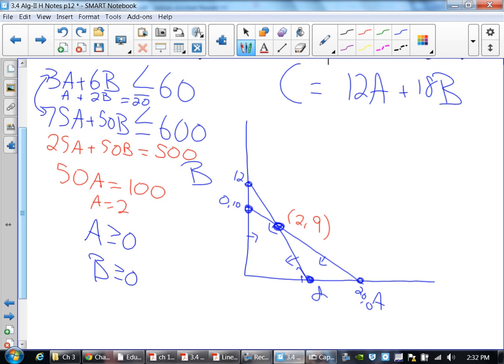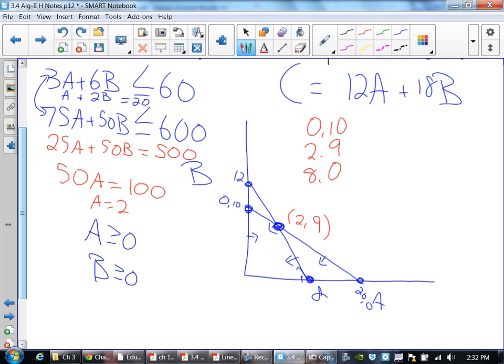And now you have your ordered pairs. You test it. We have 0, 10, 2, 9, 8, 0, and I'm going to throw out 0, 0.